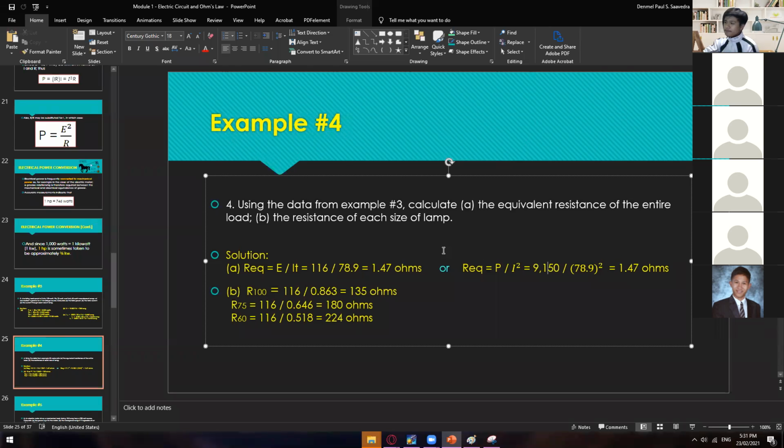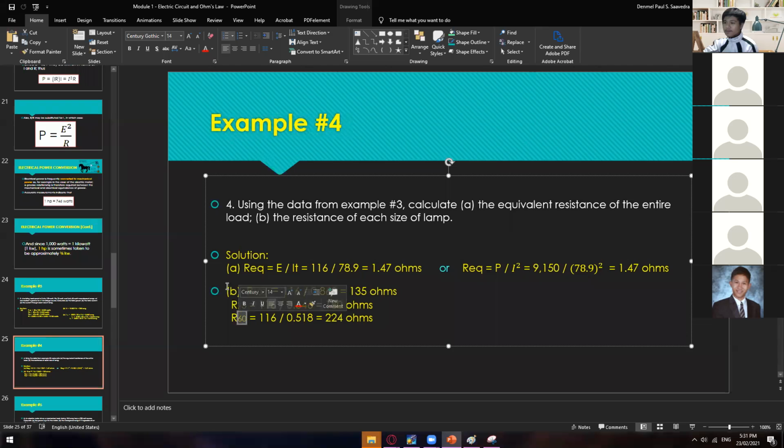If the voltage source is missing, then you can use this one. But if we have the voltage source, then you can use Ohm's law. For the last one, the resistance of each size of lamp, you can simply use R sub 100, R sub 75, and R sub 60.